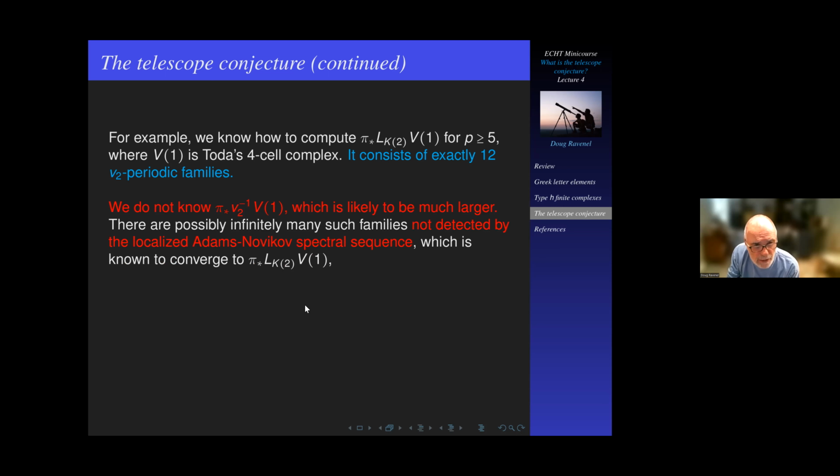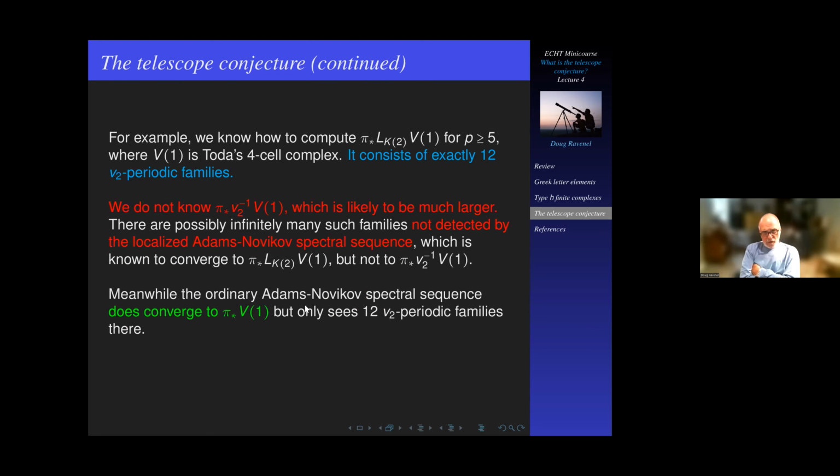You can formally invert V2 in the Adams-Novikov spectral sequence for this gadget. And so you get something called the localized Adams-Novikov spectral sequence. It is known to converge to the homotopy of the Bousfield localization, but it's not known to converge to the homotopy of the telescope. And indeed, it doesn't. That's what the four-author theorem says. The BHLS theorem says it does not converge to the homotopy of the telescope.